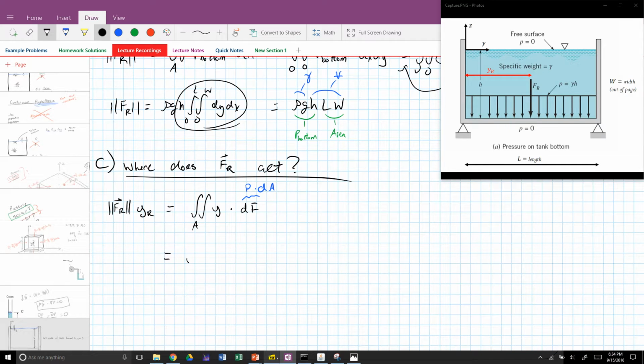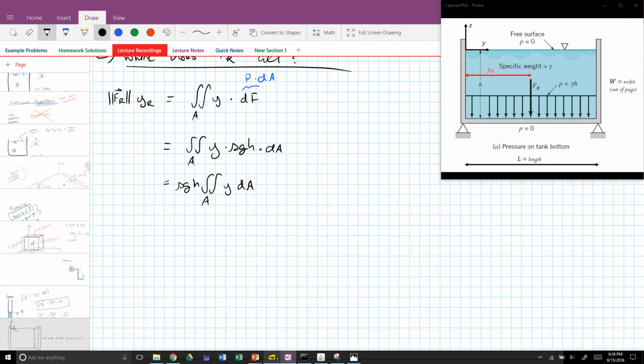So we can go ahead and continue to write this as equals the integral over the area of y times rho g h, that's the pressure, times dA, equal to rho g h. We're moving these constant components outside of the integral, the integral of y dA.